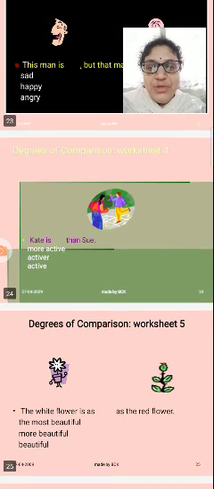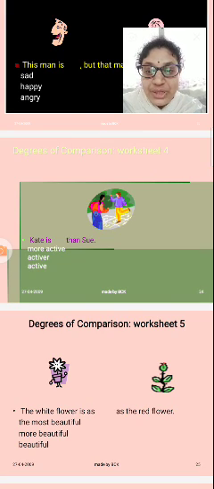And next one: Keta is dash than Sue, right? Here in the picture, what is the picture showing? More active, or activer, or active? Yes, Keta is more active than Sue.